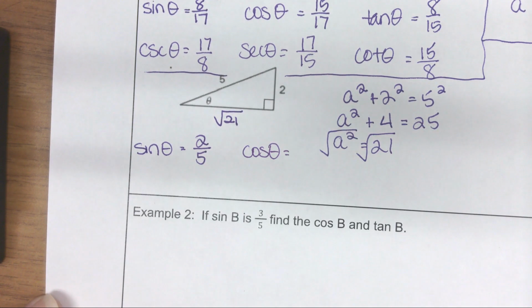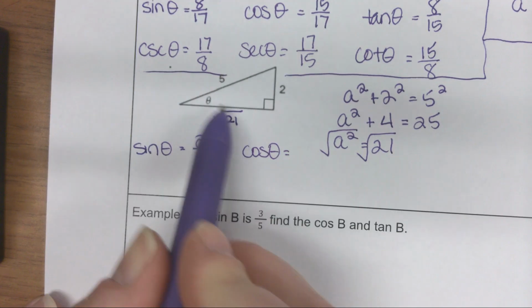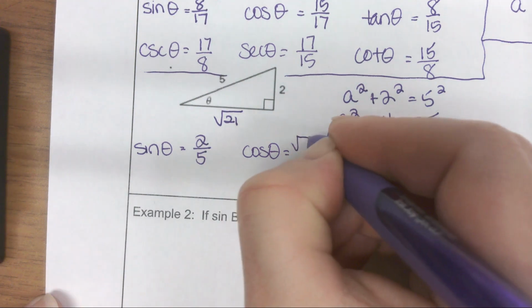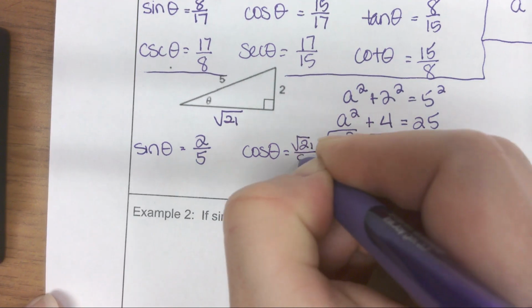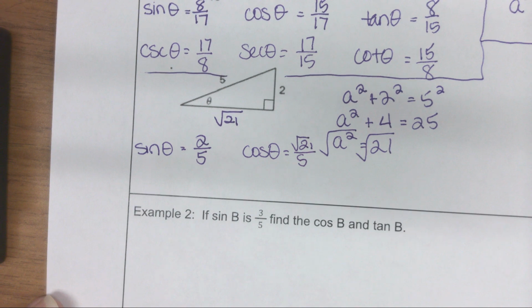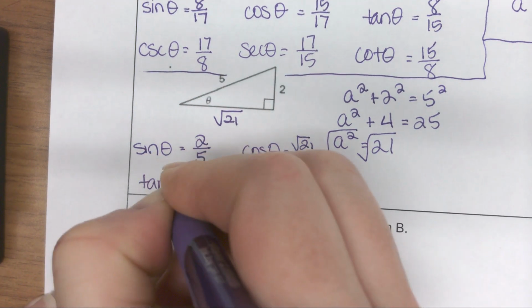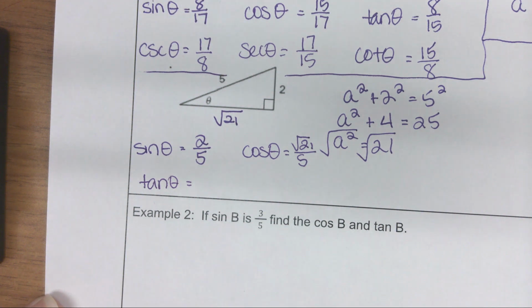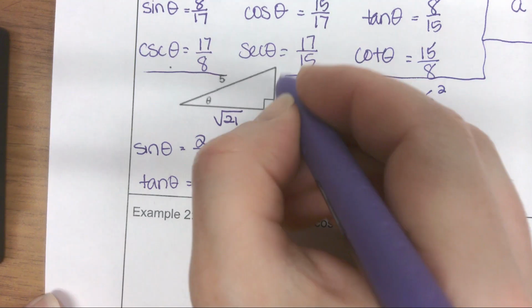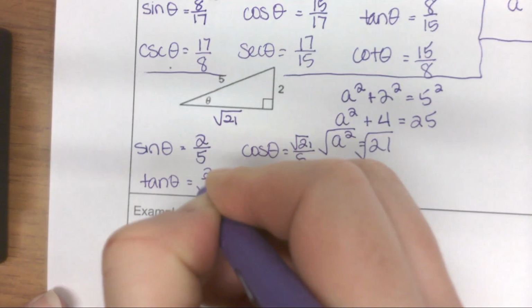Cosine of the angle is the adjacent over hypotenuse, so root 21 over 5. And the tangent is the opposite over the adjacent, so 2 over the square root of 21.